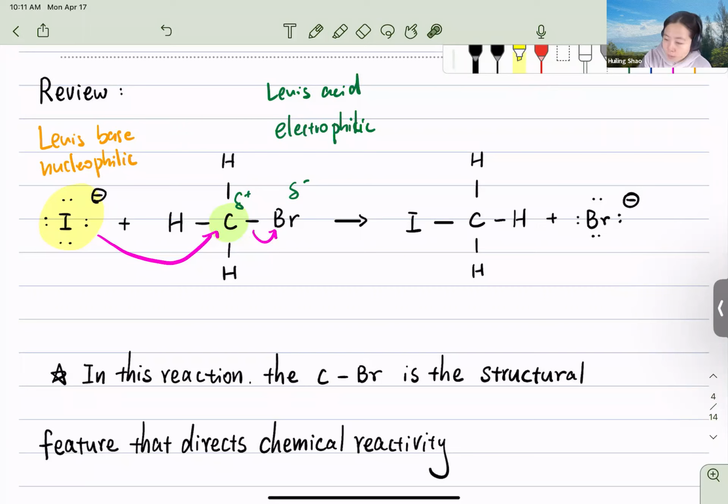So before we go into discussion on functional groups, let's see if we have any questions on Lewis acid base. You can post it in the chat or raise your hand. I'll leave 2 minutes for you to do that.